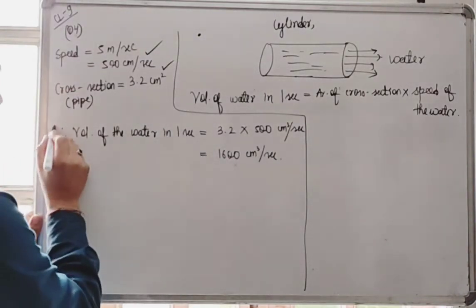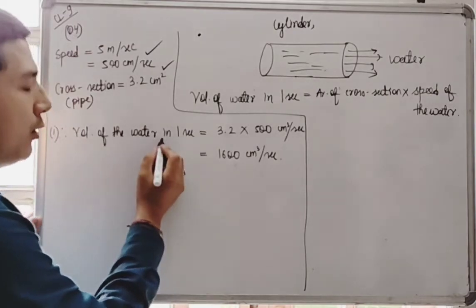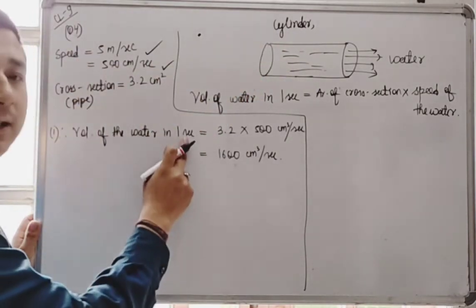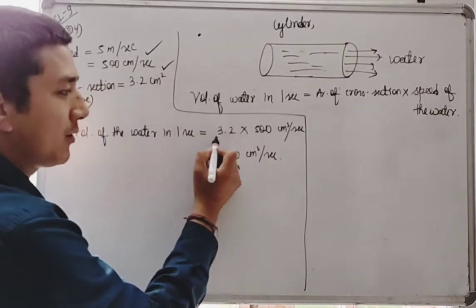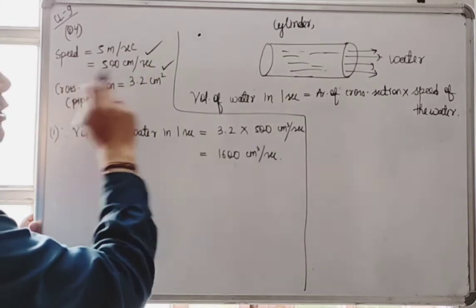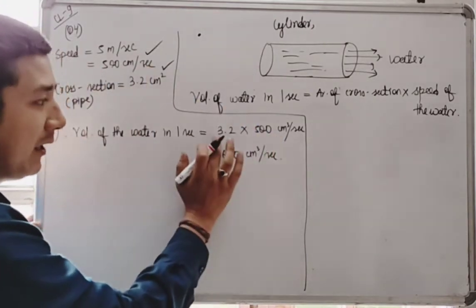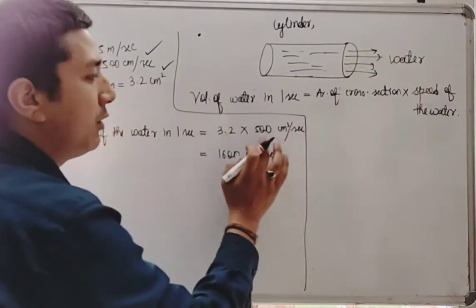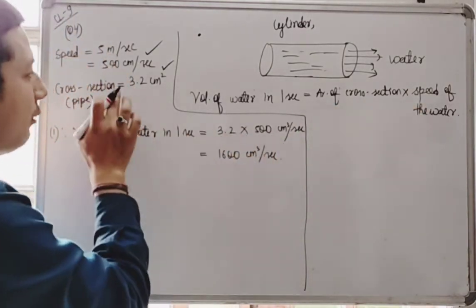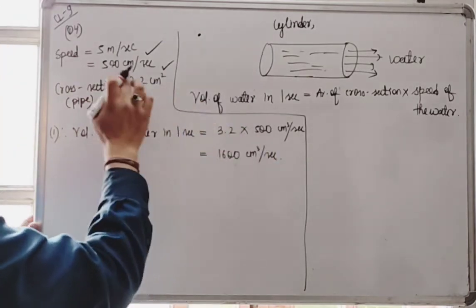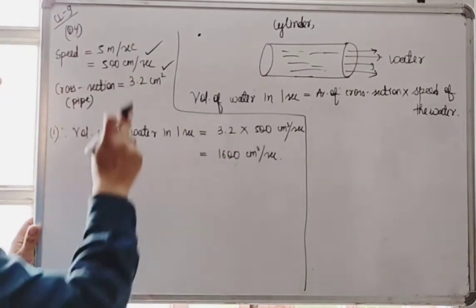For part 1, the volume of water flowing in this pipe in 1 second will be given by the formula area of the cross section of the pipe into speed of the water which is flowing. The area of the cross section is 3.2 and the speed of the water is 500 centimeter per second.